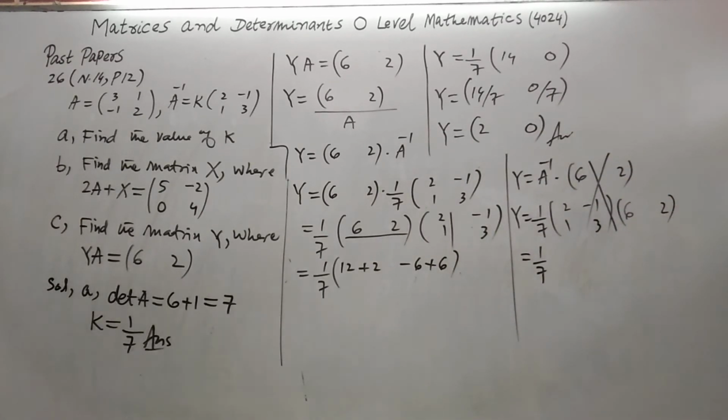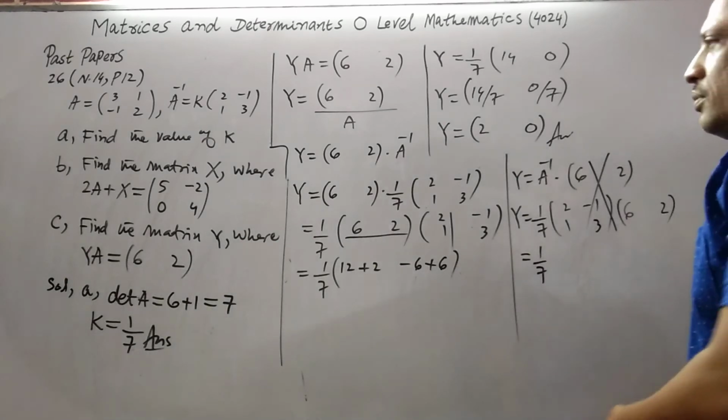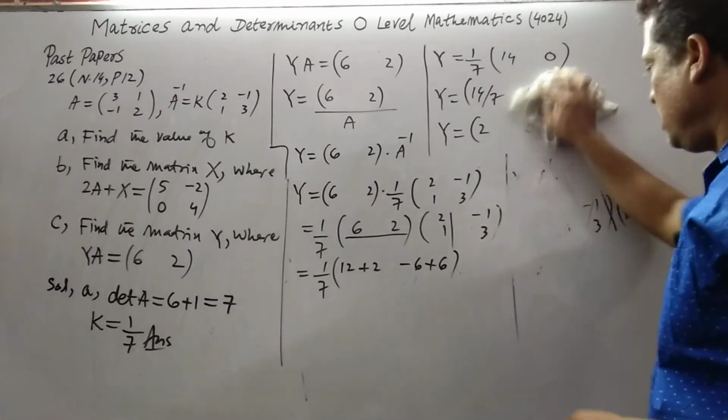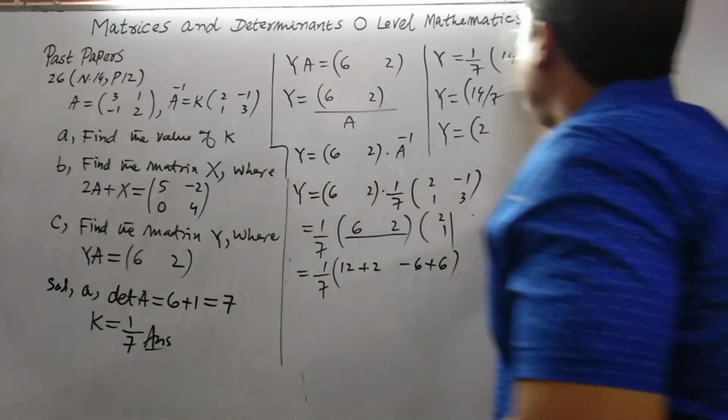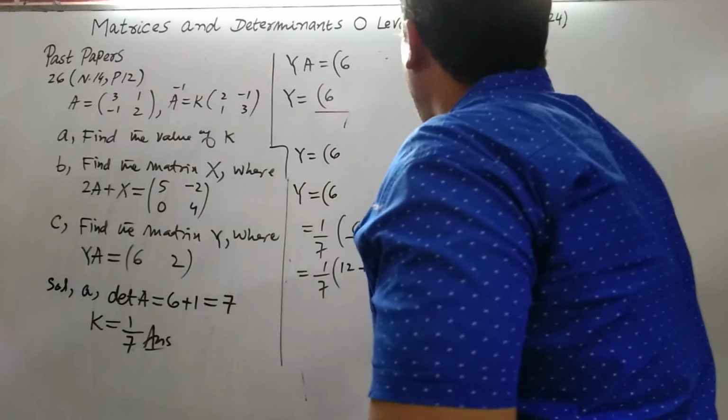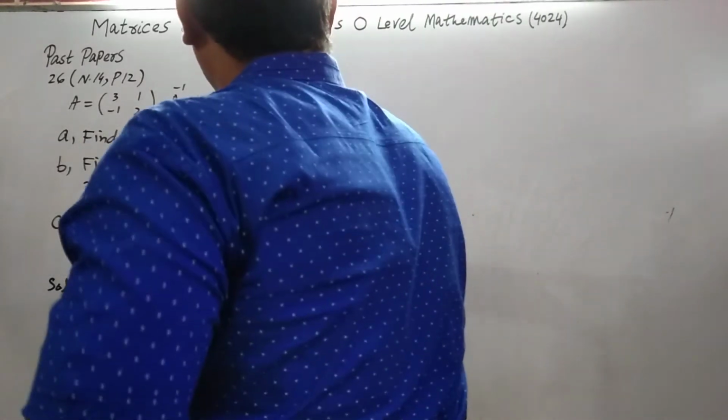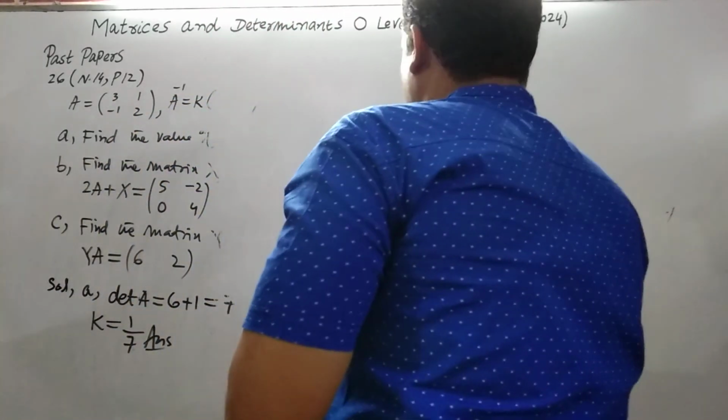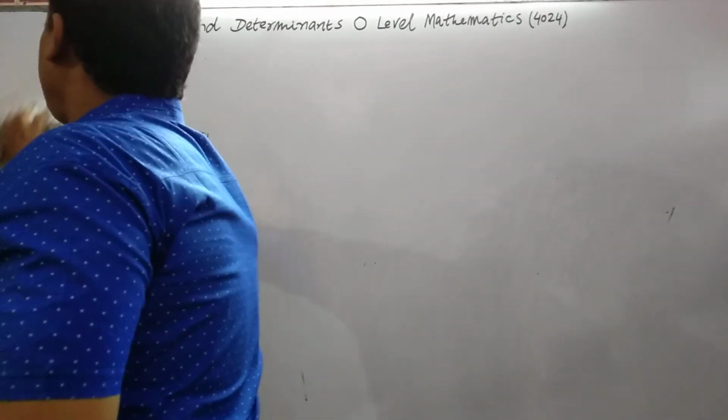Let's have a look at the next question. Next question is a very interesting question, and you must know how to multiply two matrices and how to find the adjoint, determinant and inverse of a matrix.